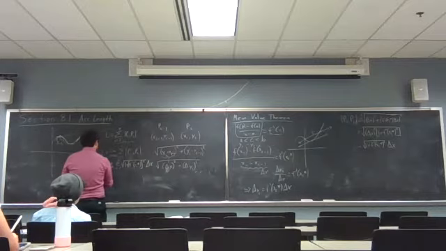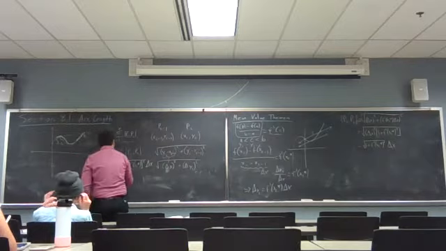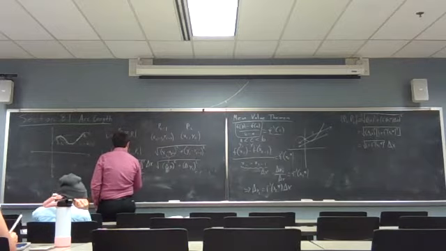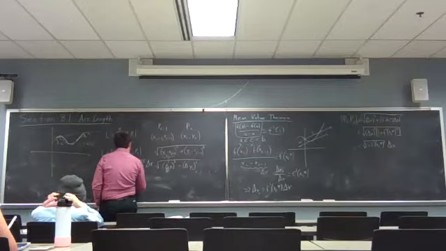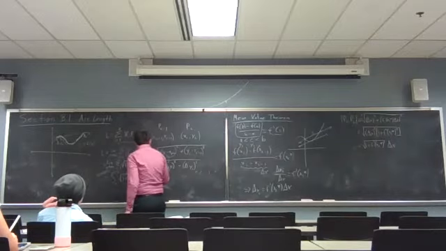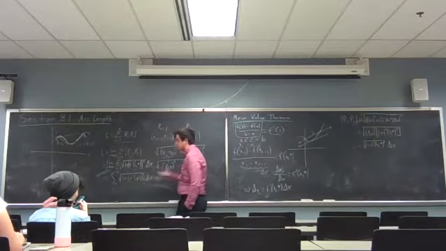I can take this and put it in terms of an integral, which is the integral from some a to some b, depending on where you're going, of the function, which in this case is the square root of 1 plus f prime of x squared. So we change the xi part to just x.